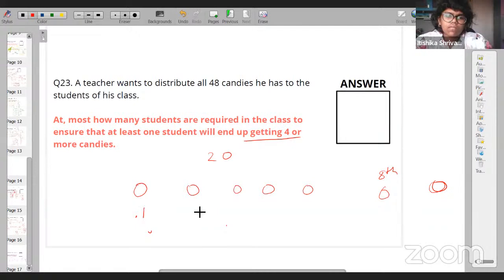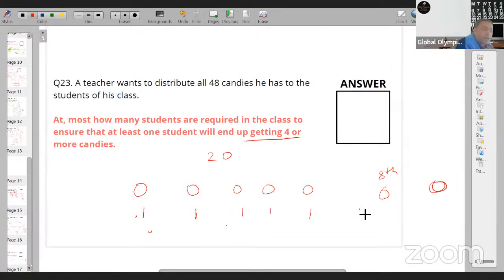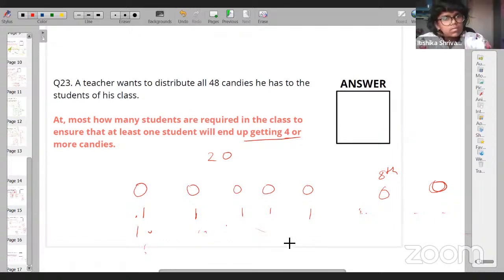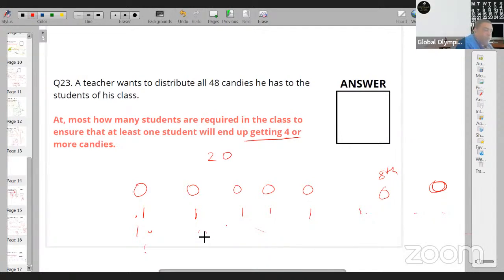I'll try to exhaust my chocolates by giving one first, then another one first, and then another. So what is happening? Nobody reached 4. So with 20 students, I cannot guarantee that at least one student will end up getting 4.